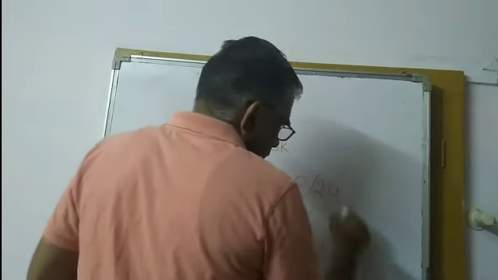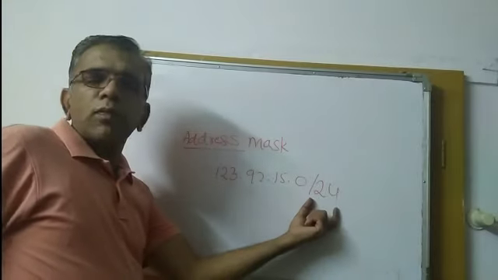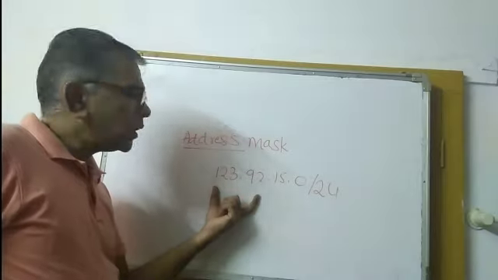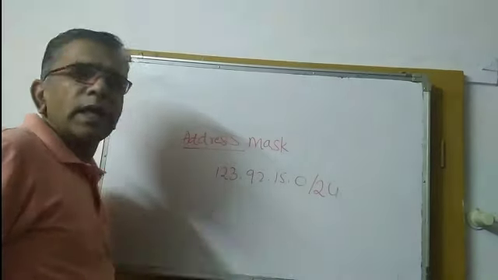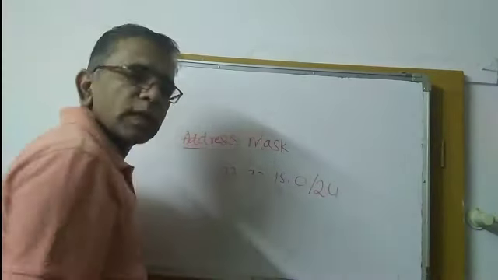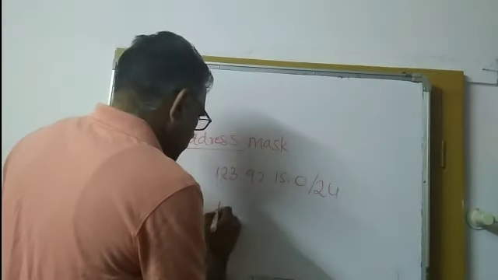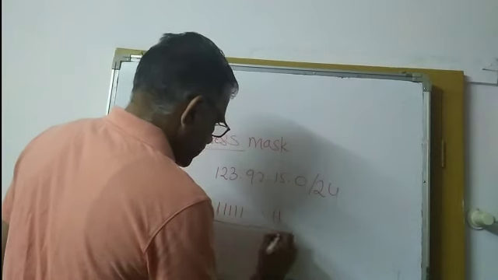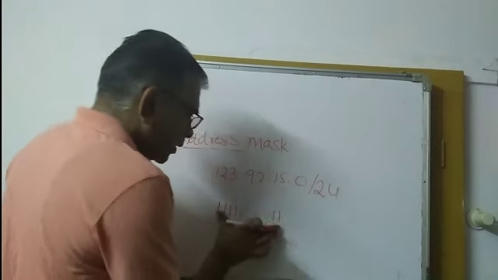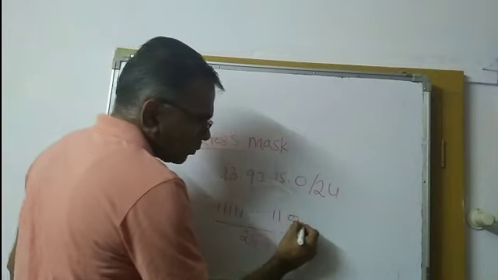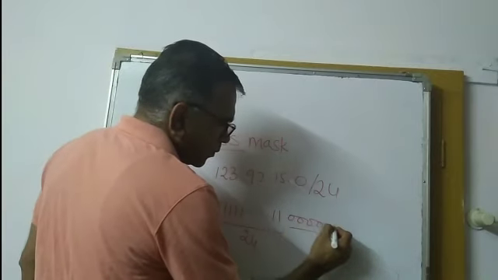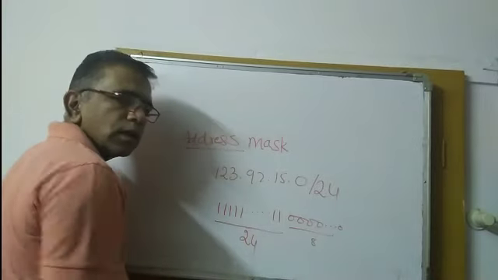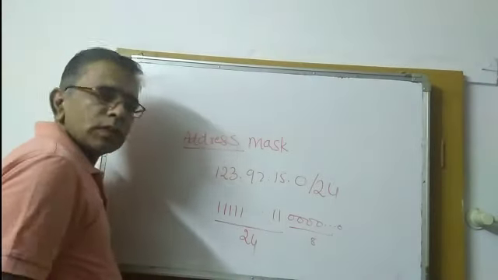If I say /24, this indicates the first 24 bits are meant for identifying the network part. To know the starting address of this block, you use the address masking technique, where the first 24 bits are made all ones and the remaining 8 bits are made 0.